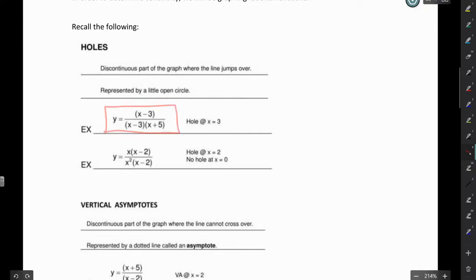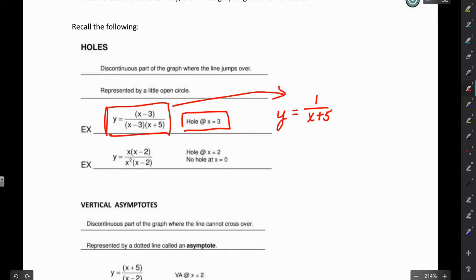I could cancel out x minus 3 and x minus 3, and I would end up with y equals 1 over x plus 5, but we have to remember that we have a hole at x equals 3. You can't just turn this into this without recognizing that we still have a hole at x equals 3.